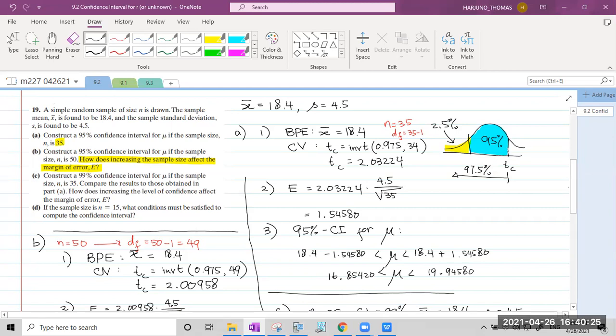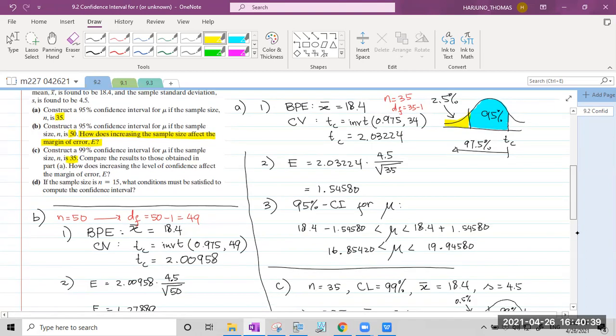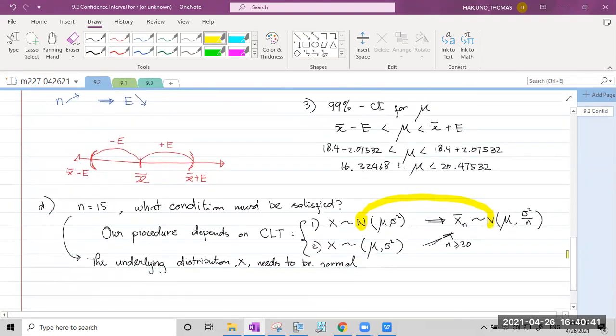Okay, so that explains why in part A, B, C, we do not need the underlying distribution to be normal, because the sample size is already more than 30. Is it right?